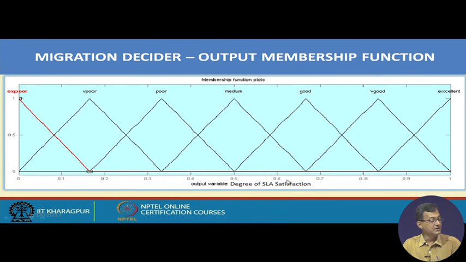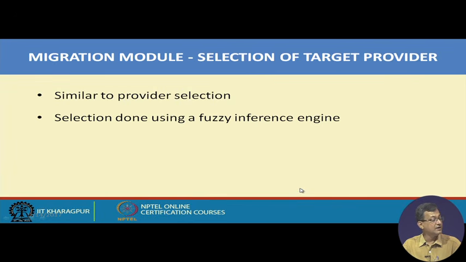It shows the degree of SLA satisfaction, based on which it is decided whether migration needs to be executed for a particular service instance. The selection of the target provider is somewhat similar to this provider selection procedure, which is being monitored, and the selection is done using a fuzzy inference engine in this case also.